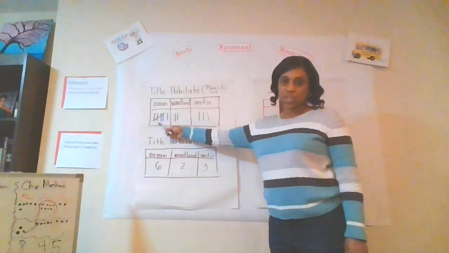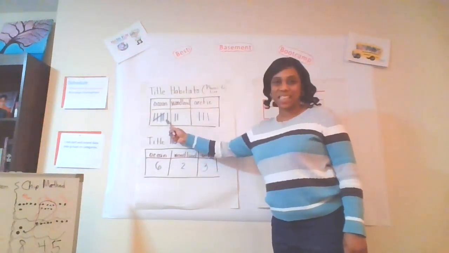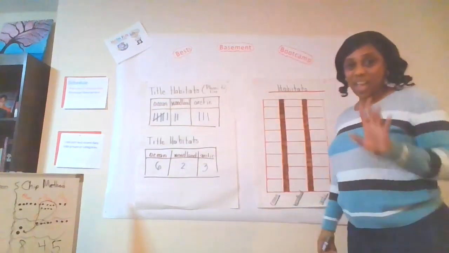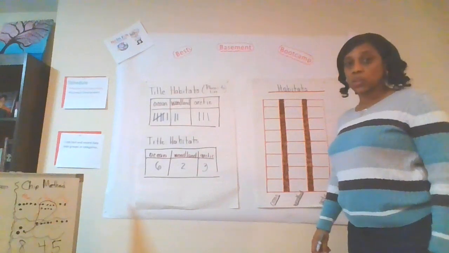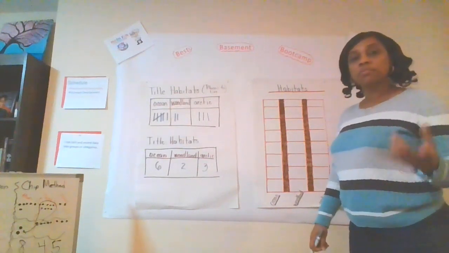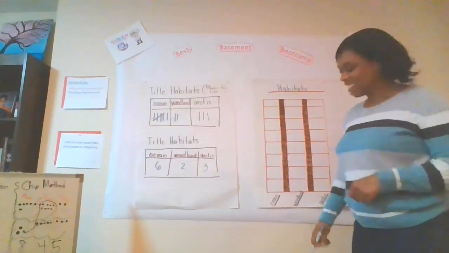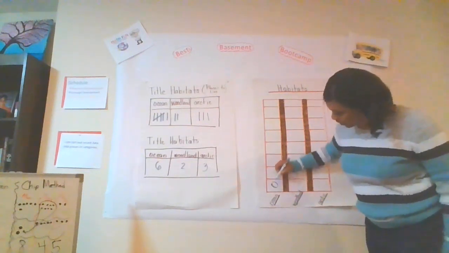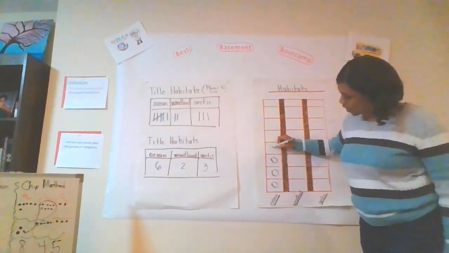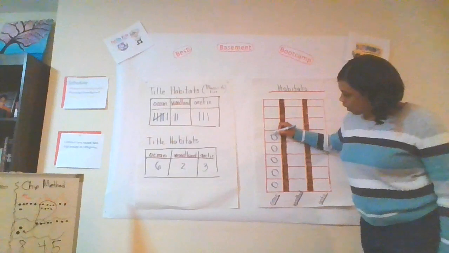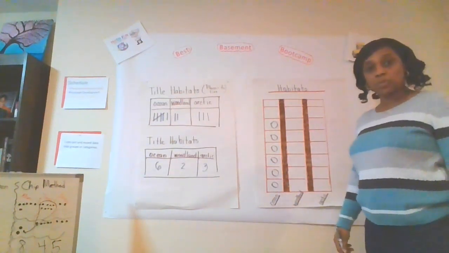So, in the ocean, we had six animals that we had on our chart that we sorted that go into the ocean. So we're going to draw 6 circles. You guessed right. 1 circle, 2, 3, 4, 5, 6. This represents the 6 animals.